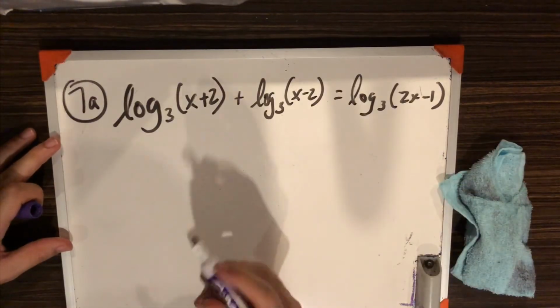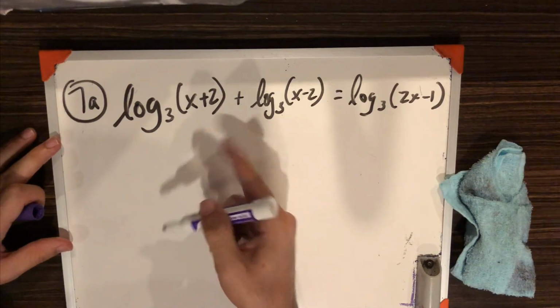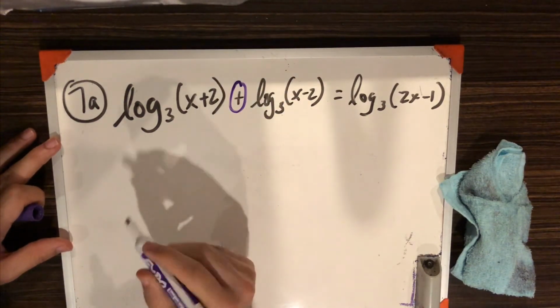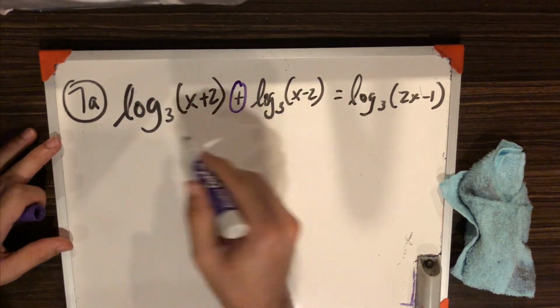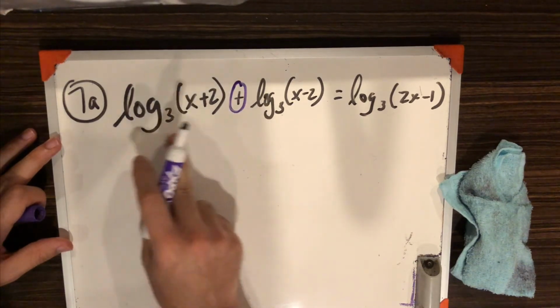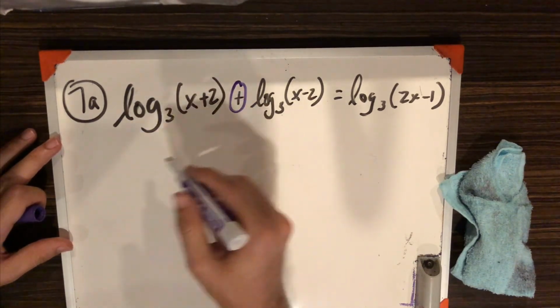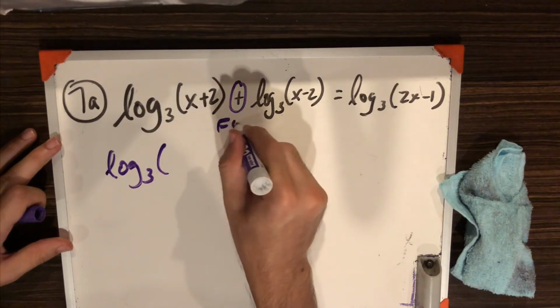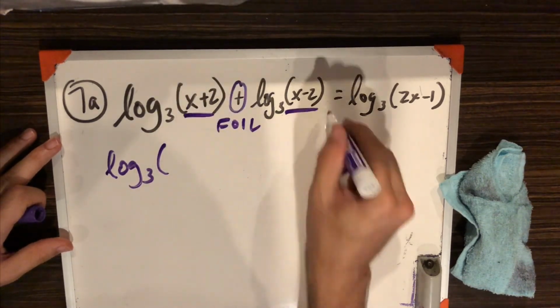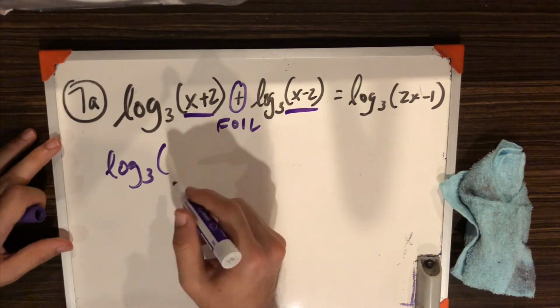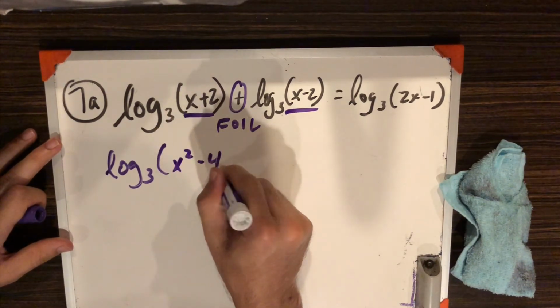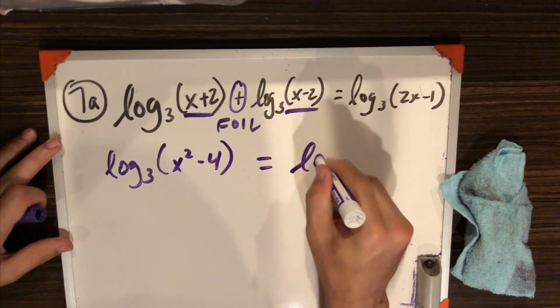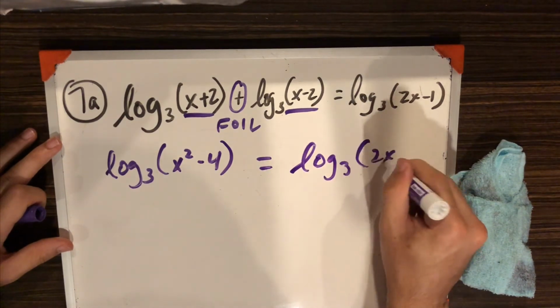All right, 7a. Again, we're going to apply the logarithmic rules that we learned much earlier. We're adding, so that means we can multiply this and this. So that would be log base 3. We're going to FOIL this and this. That would be x squared minus 4. And then log base 3 of 2x minus 1.